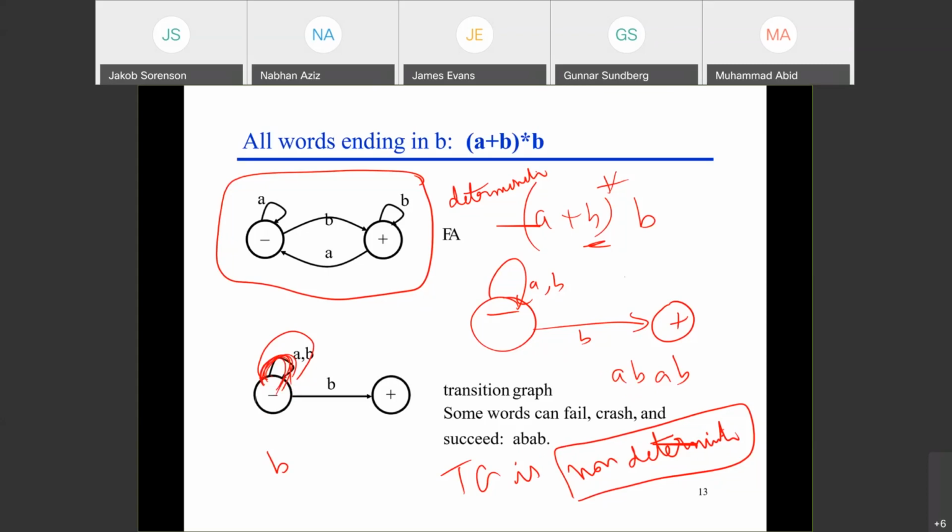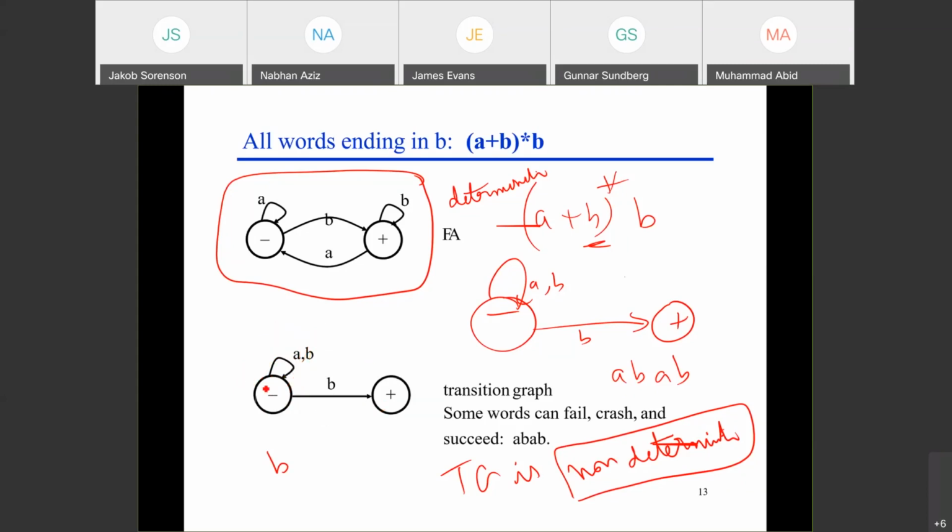It finishes at the start state. If you choose A, B, A, B, it will pass. Yes, it will be accepted because the last letter will reach the final state.